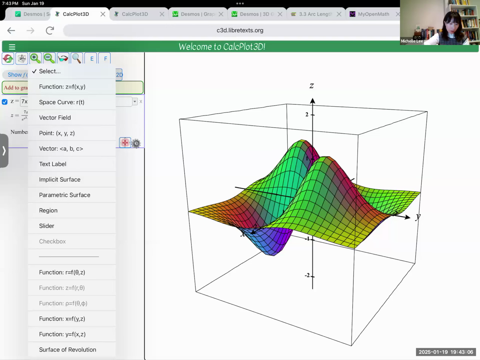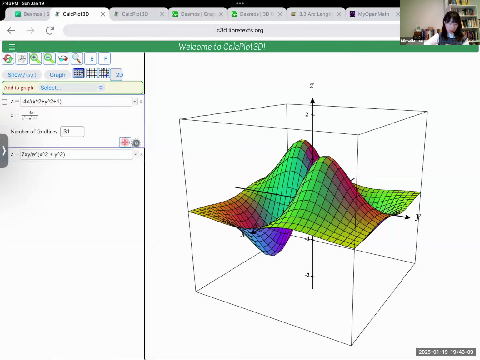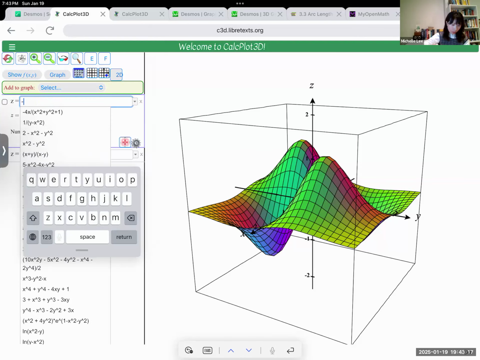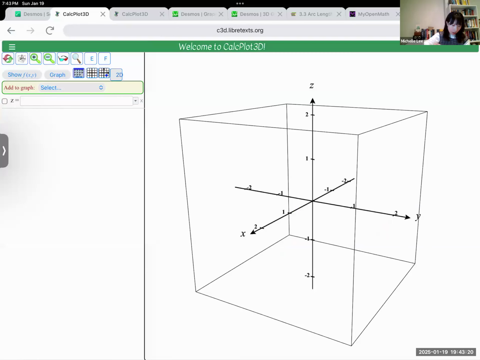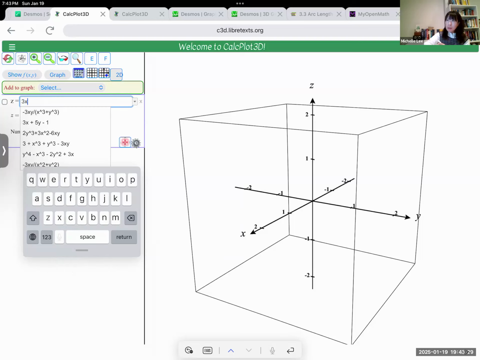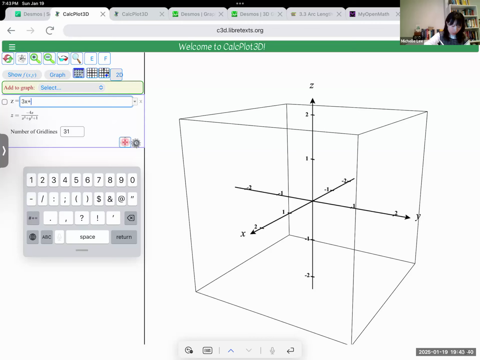So we want to know about the function z equal to 3x plus 5y plus 2.